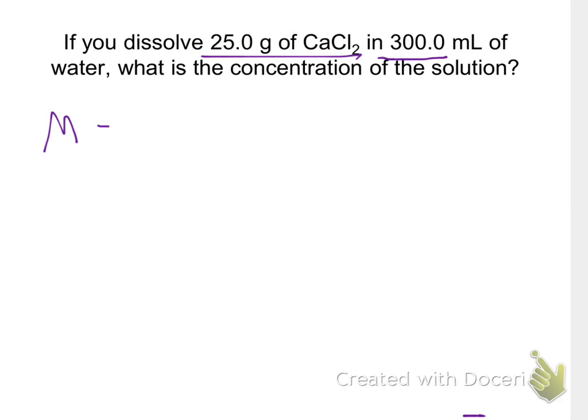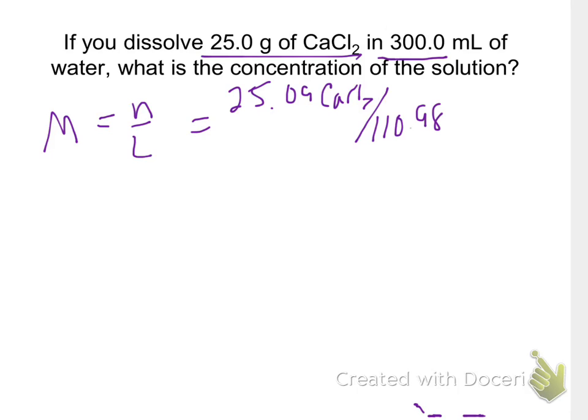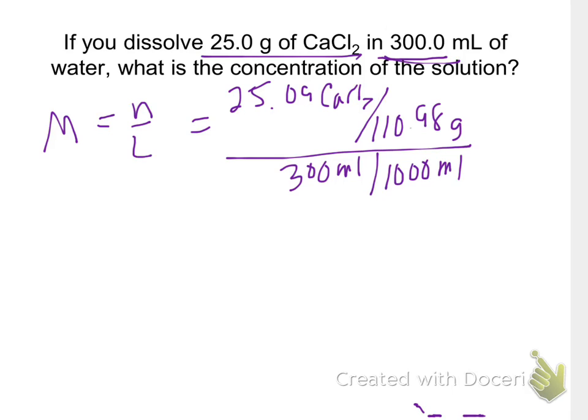So my molarity is my moles over my liters, and my moles of solute is going to be this 25.0 grams of calcium chloride over the molar mass of calcium chloride, which is 110.98 grams, over liters. So what I have is 300 milliliters, so 300 milliliters divided by 1,000 milliliters, because there's 1,000 milliliters in a liter.